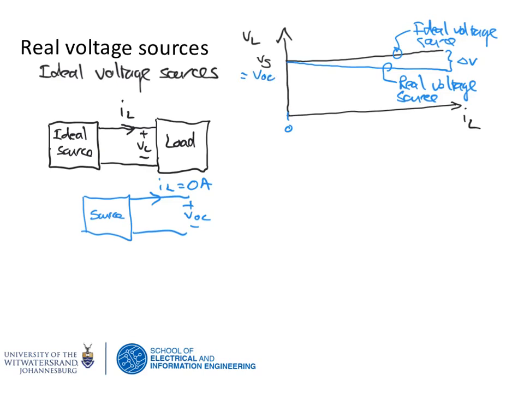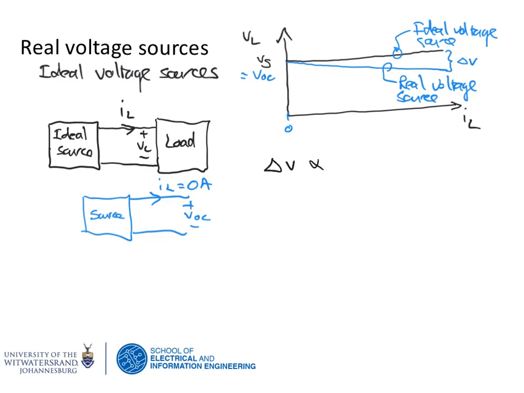So if you look at the difference between the load voltage for an ideal voltage source and the straight line for a real voltage source, then you can see that the difference delta V is proportional to the load current.